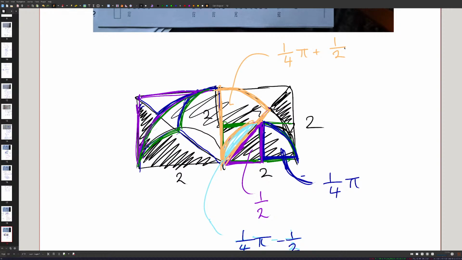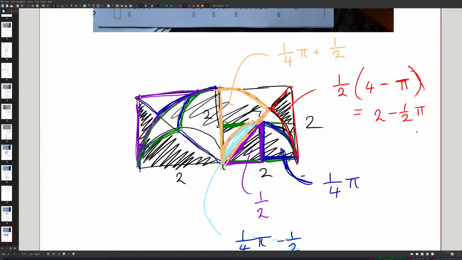And then this piece over here is half of a square of side length 2, so a half of 4 minus a quarter of a circle of radius 2. So a half of 4 minus pi. So this is 2 minus a half pi.